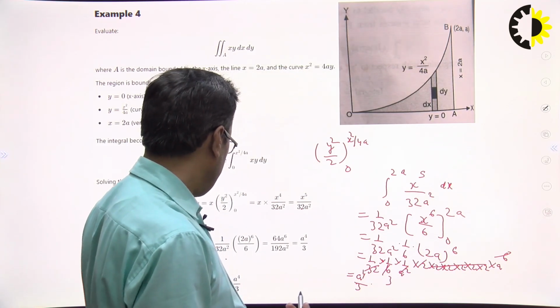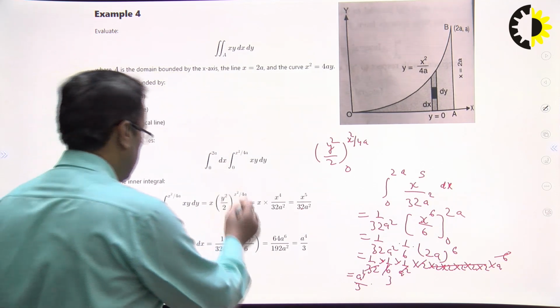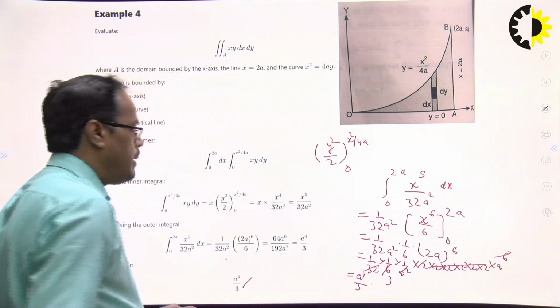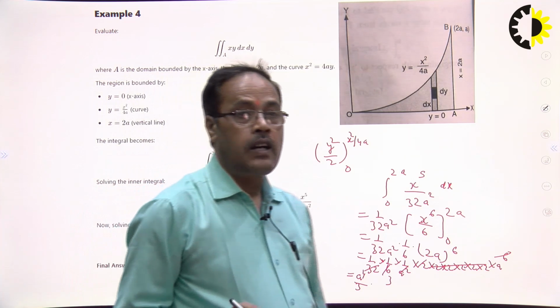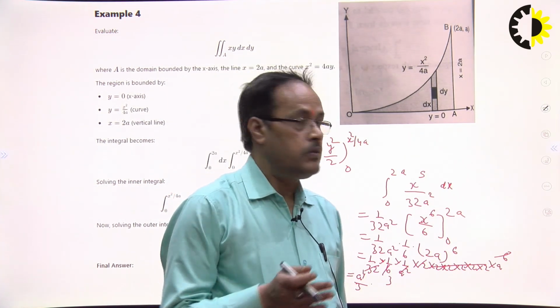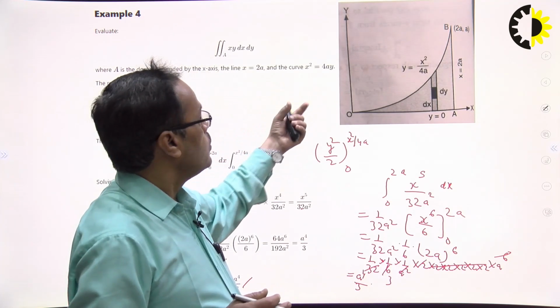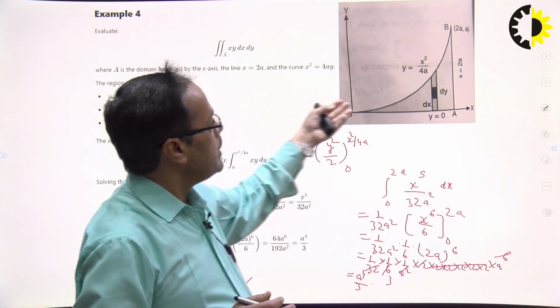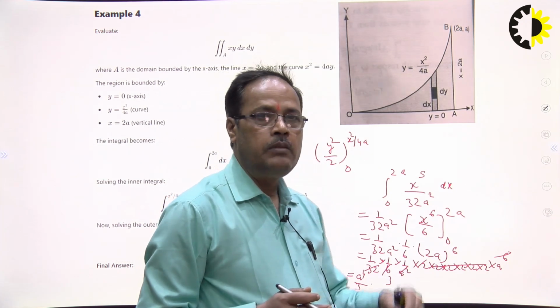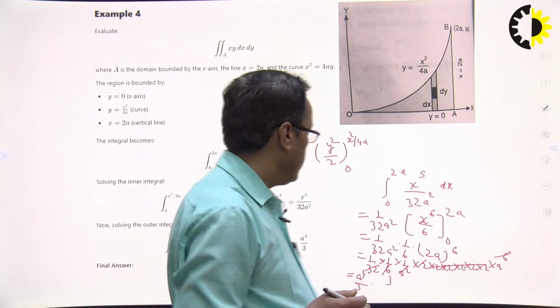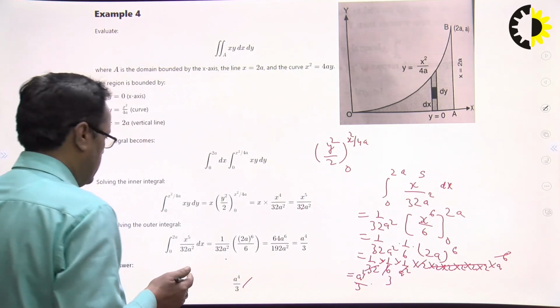Sometimes the limits are not given, and a region is given instead. From this region we get the limits of x and y and evaluate similarly. Thank you.